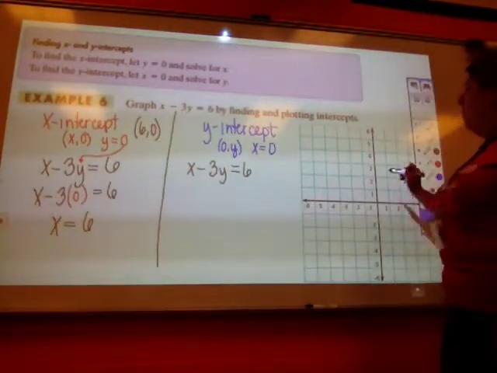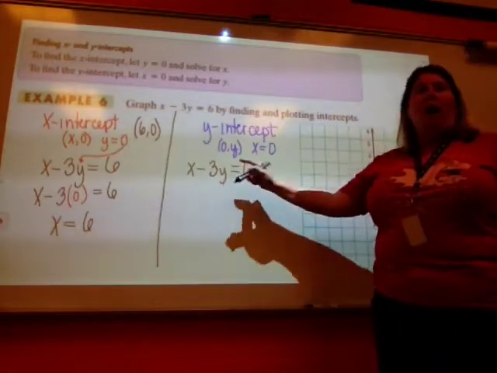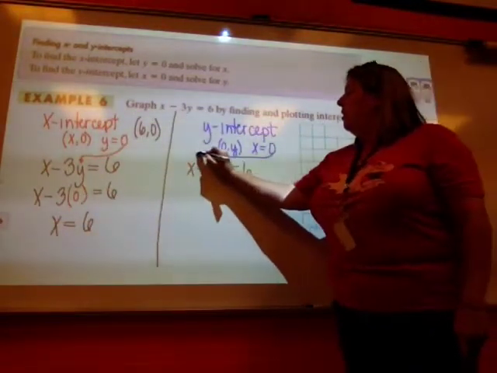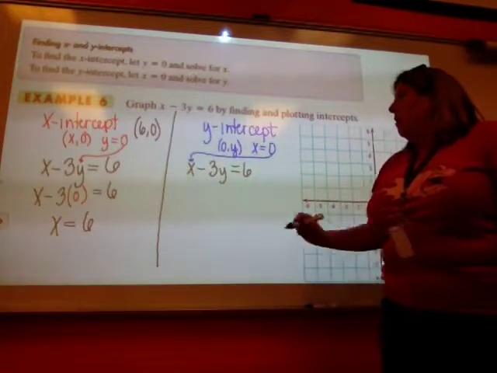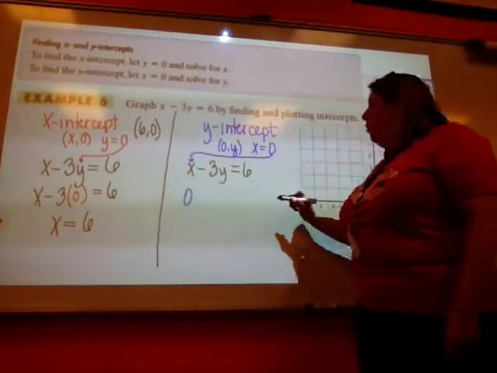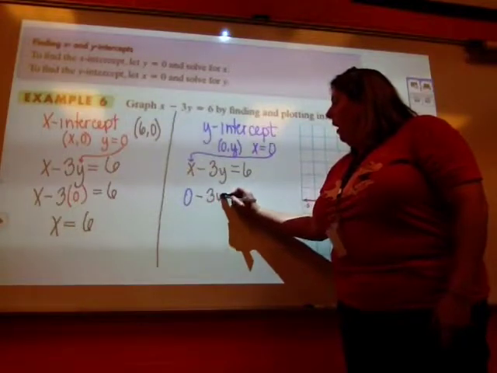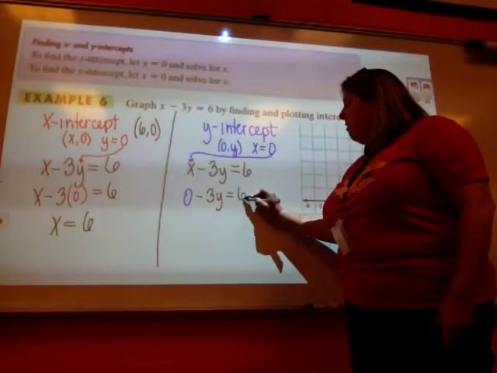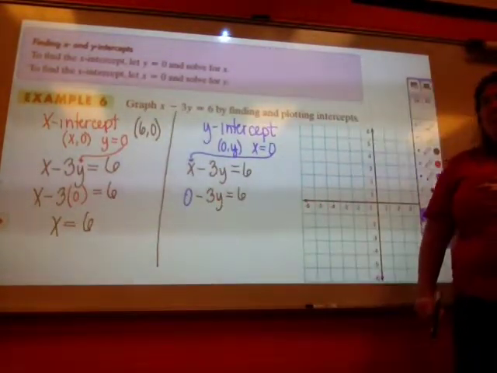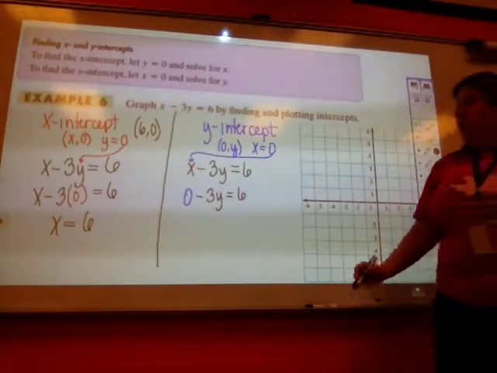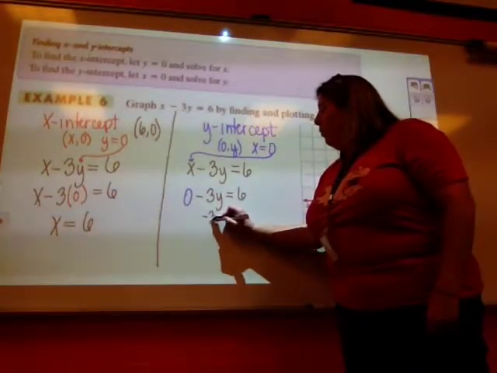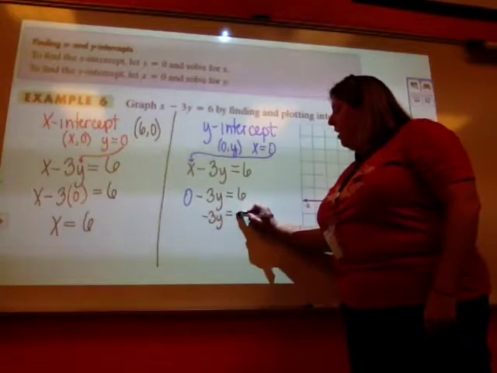Only this time, instead of replacing the y, I'm going to replace the x. So it's going to be 0 minus 3y is equal to 6, which is really negative 3y is equal to 6.